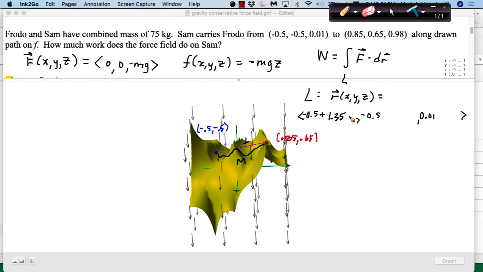And how much change from negative 0.5 to 0.65? 1.15? What are we doing? We're parameterizing the line segment because we need to write this whole single integral in terms of t. So we parameterize our path, which is a straight line segment. And then finally, how much does z change? 0.97. Good.